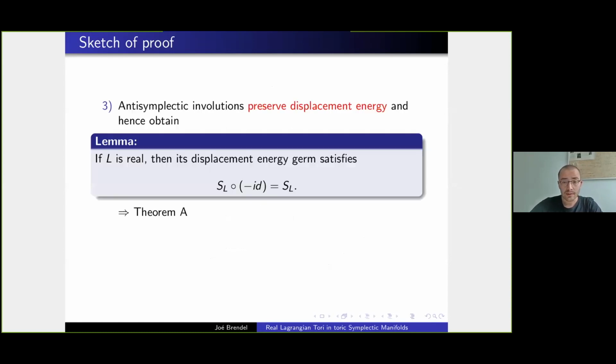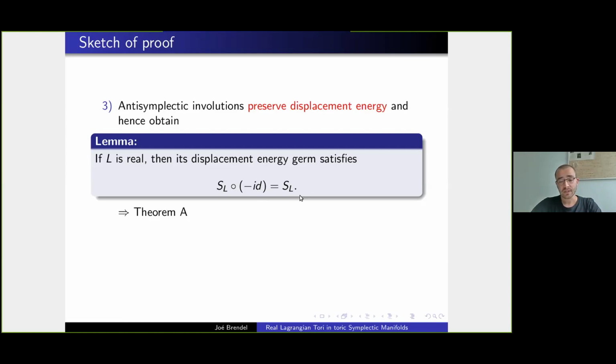The link between the two comes from the following lemma. If your L is real, then you have a symmetry condition on this function: if you precompose it with minus the identity, it has to be left invariant.